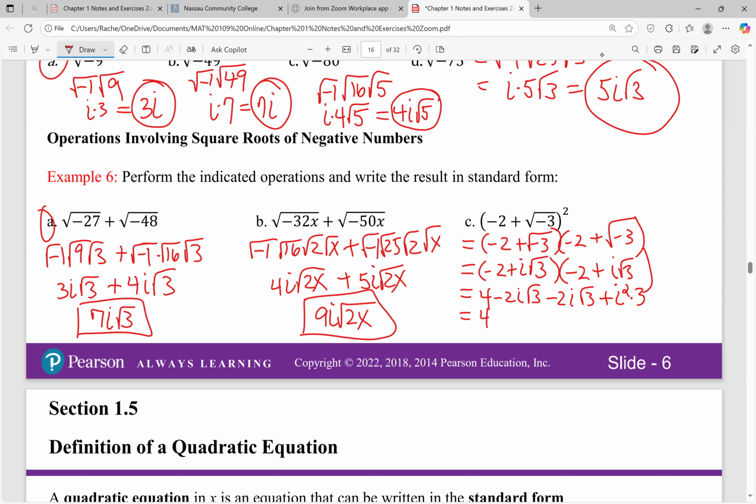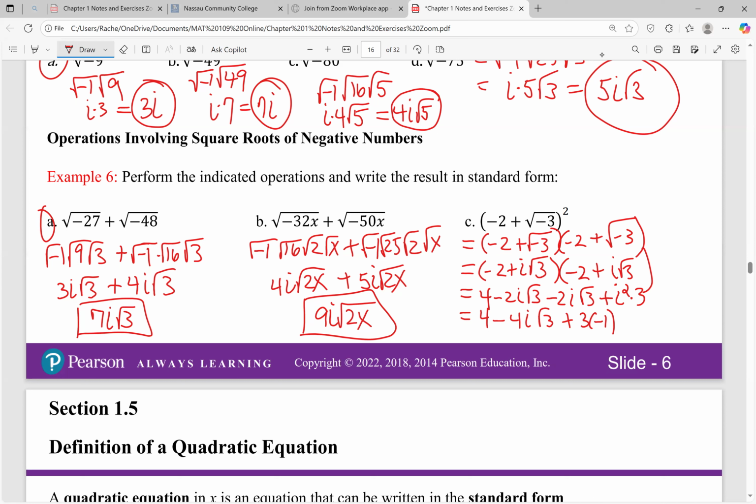So we're going to have 4. We can combine the two middle terms, right? A -2i radical 3 and a -2i radical 3 is going to be -4i radical 3. And then plus 3i squared, but i squared is equal to -1, right? So that's really 3 times -1. So I have a 4 at the front plus a 3 times -1, which is a -3, right?